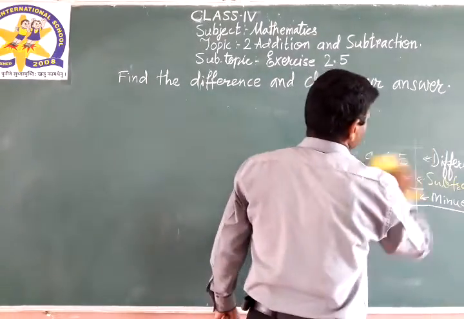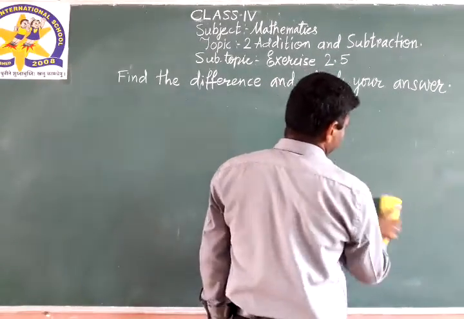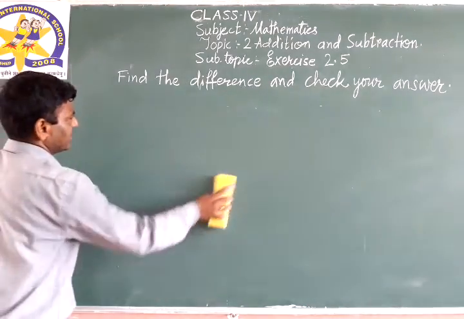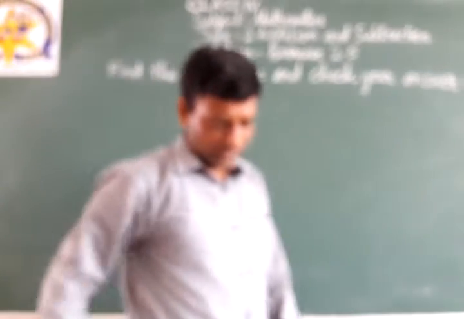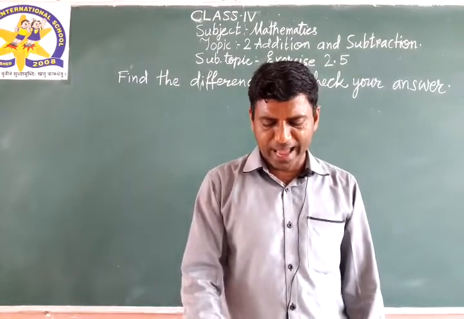What is important while taking borrow? You should subtract properly, take borrow properly. Understand? Subtraction is very easy, but it needs 100% focus. Got it? I will solve the last one.